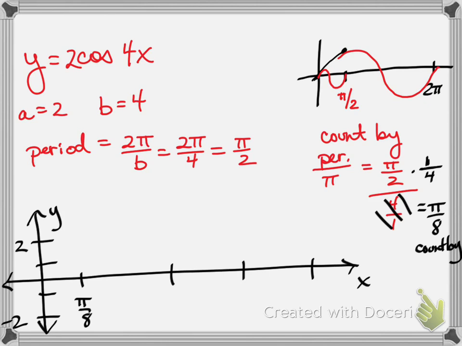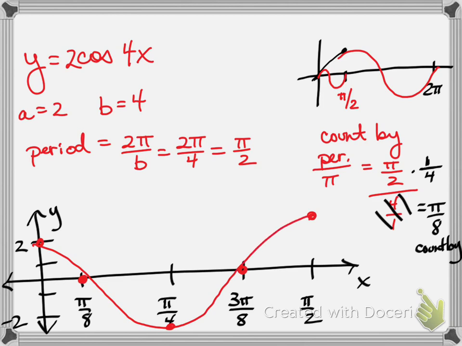So 1 pi over 8, 2 pi over 8, which is pi over 4, 3 pi over 8, and 4 pi over 8, which is pi over 2. So then we just graph our cosine function. Whoops, this is cosine. So cosine starts high, crosses the midline, low point, midline, and finishes high. There we go.